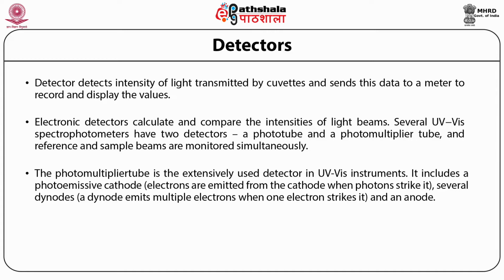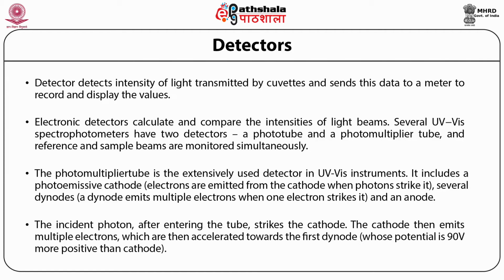Electrons are emitted from the cathode when photons strike it. Several dynodes: a dynode emits multiple electrons when one electron strikes it, and an anode. So the incident photon, after entering the tube, strikes the cathode.